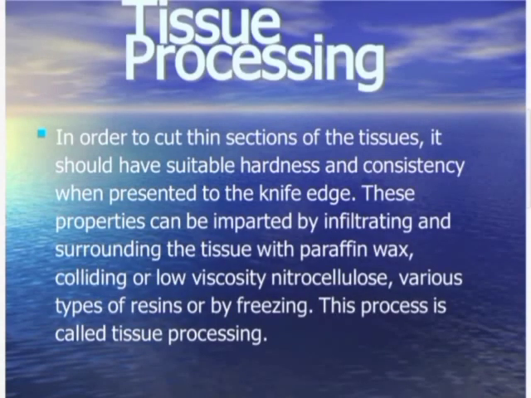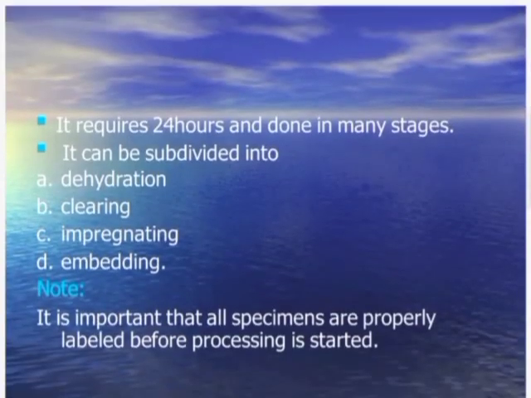After fixation, in order to cut thin sections of the tissue, it should have suitable hardness and consistency when presented to the knife edge. These properties can be imparted by infiltrating and surrounding the tissue with paraffin wax.